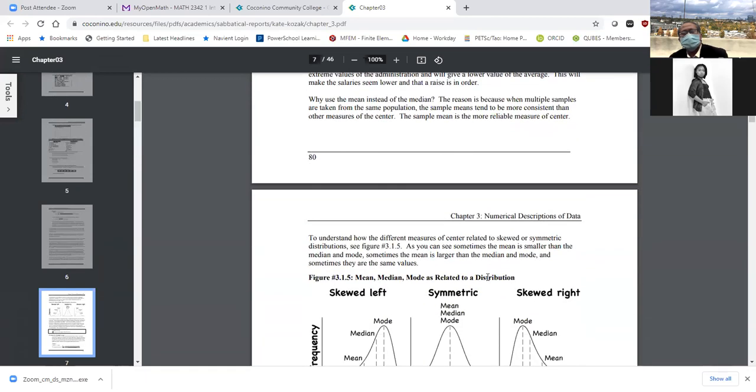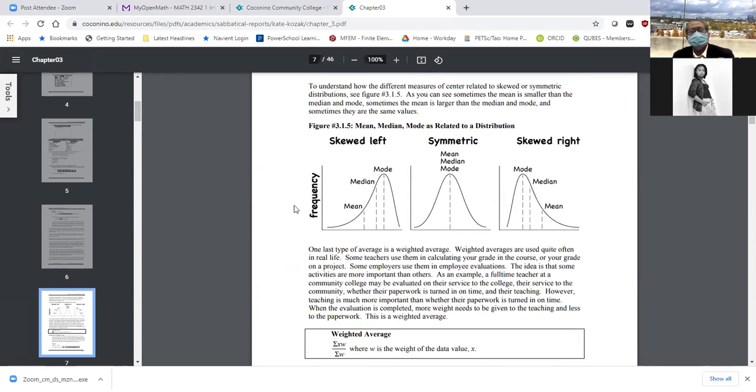You need to be careful in deciding whether you are using the mode, the median, or the mean. If the graph of the distribution is skewed left, the mode will be the highest and the mean will be the lowest. For a symmetric or bell-shaped distribution, the mean, median, and mode are the same.